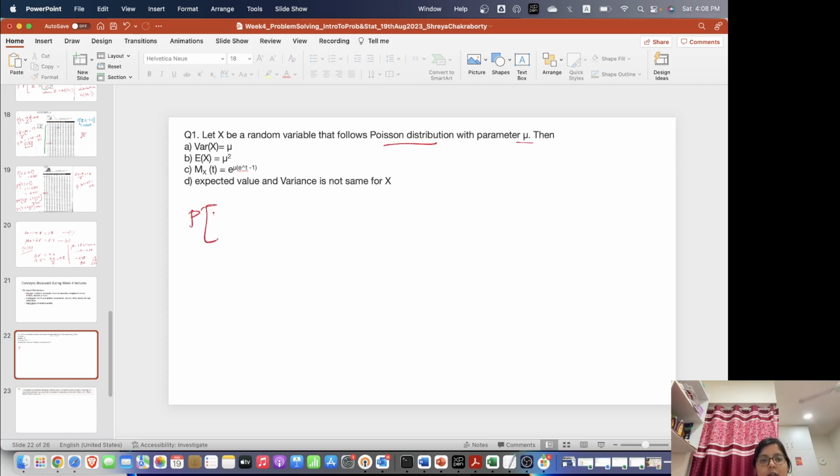So what does this look like? Distribution of a Poisson variable. What does the PMF look like?